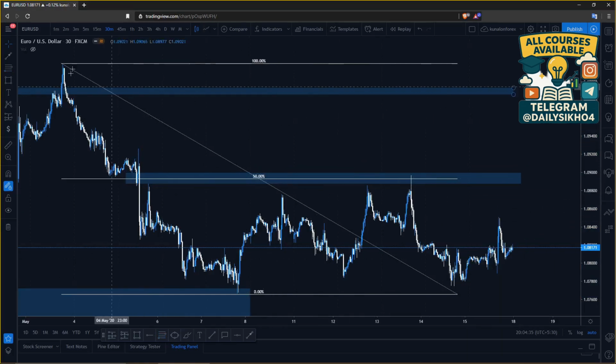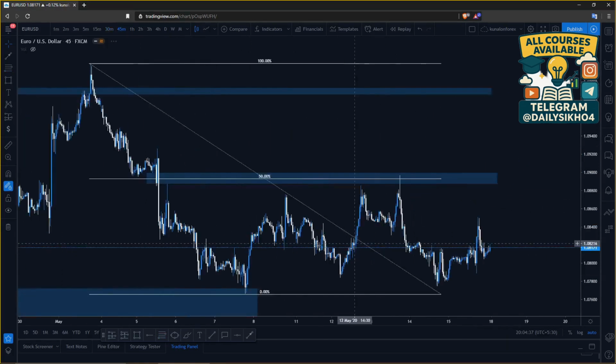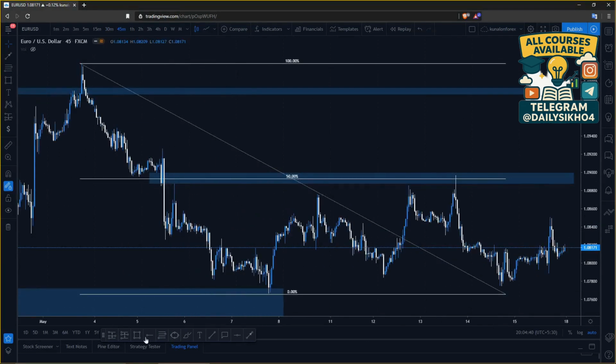If you take a look at that 30-minute order block, it was over here. This is your M45 order block, the whole blue candle that got mitigated once. But even though the M45 mitigated, the price still went till that M30 order block.